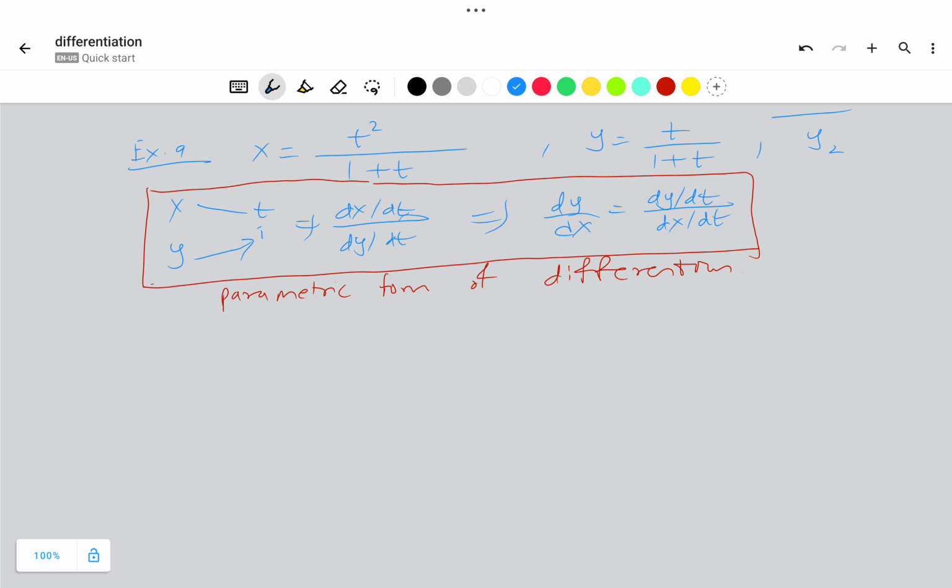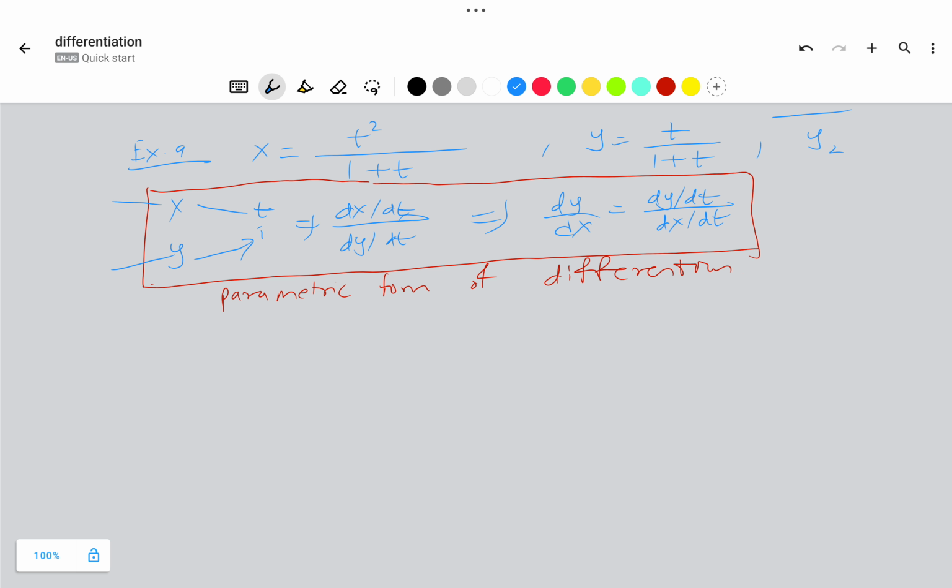And similarly, for the second order derivative we will differentiate a second time, whatever we are getting through this, we again differentiate.